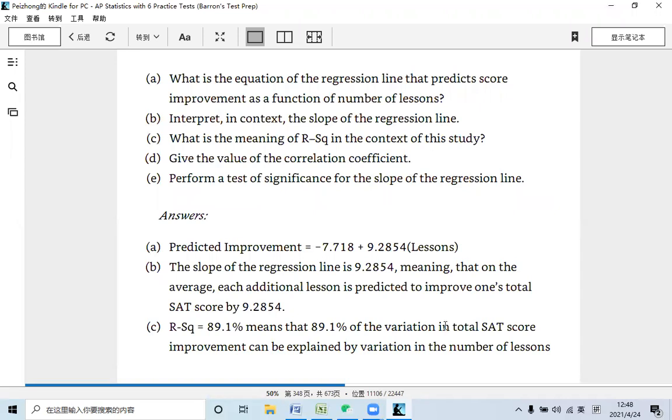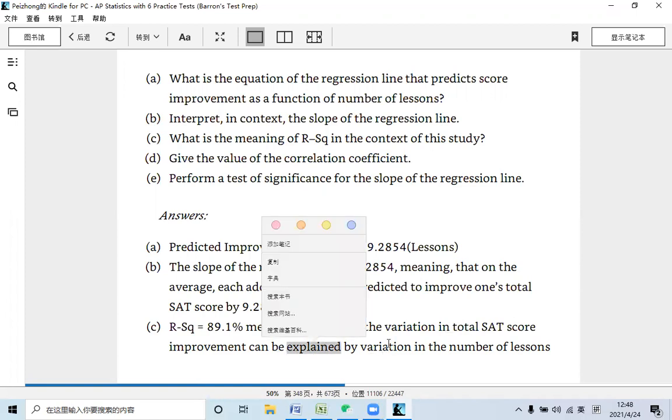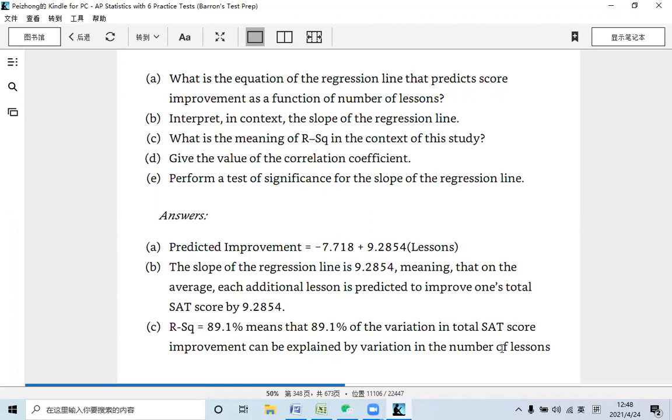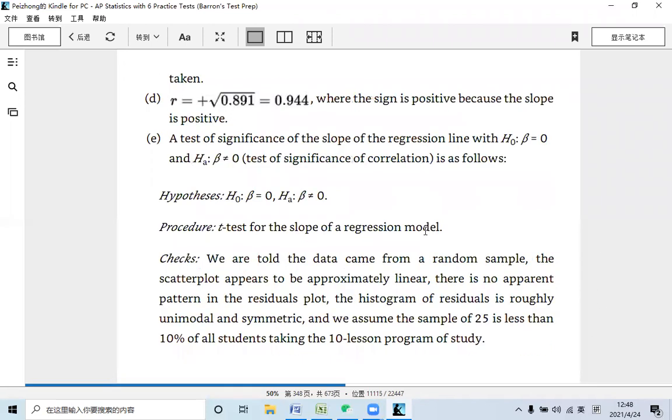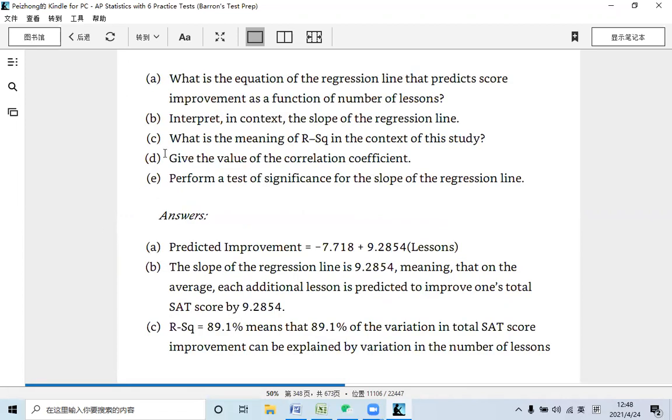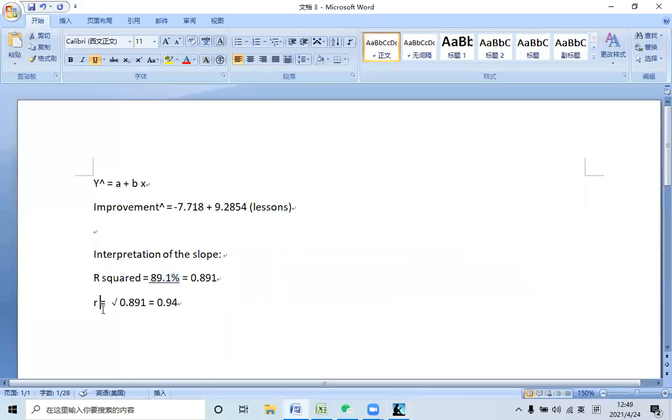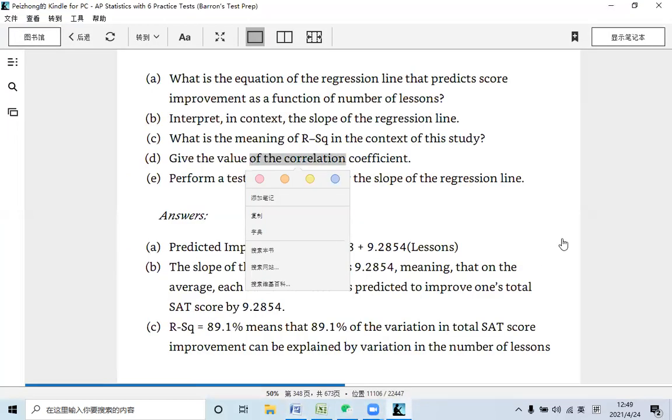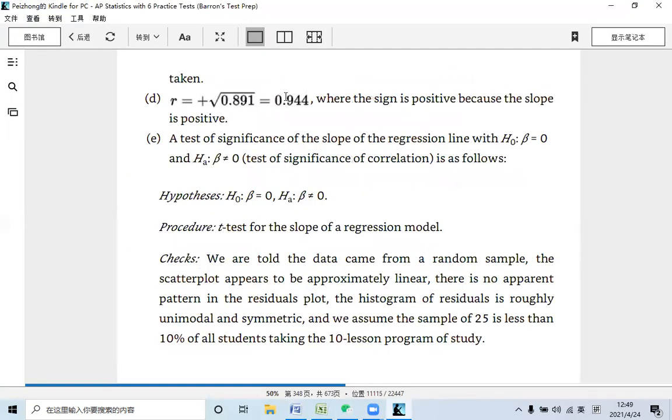So differences in the improvement can be explained by or accounted for by variation in the number of lessons you take. Here they do want you to get the value of the correlation coefficient, right? We just did that, the square root.